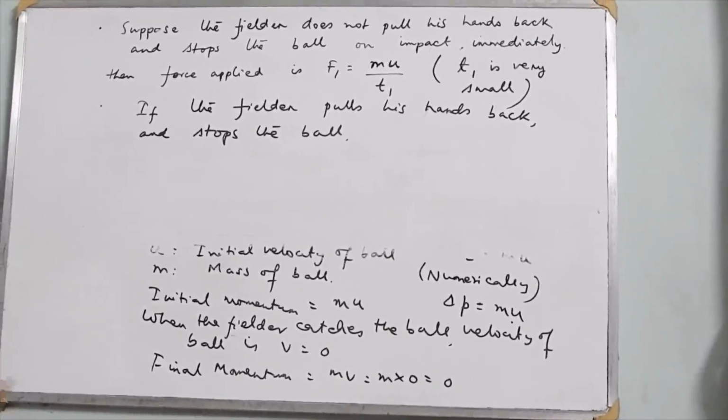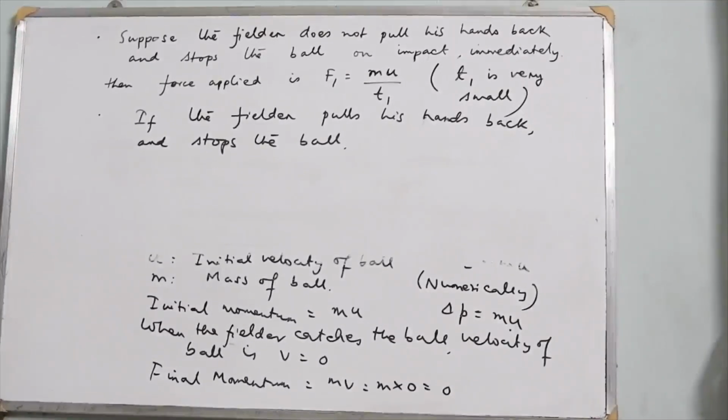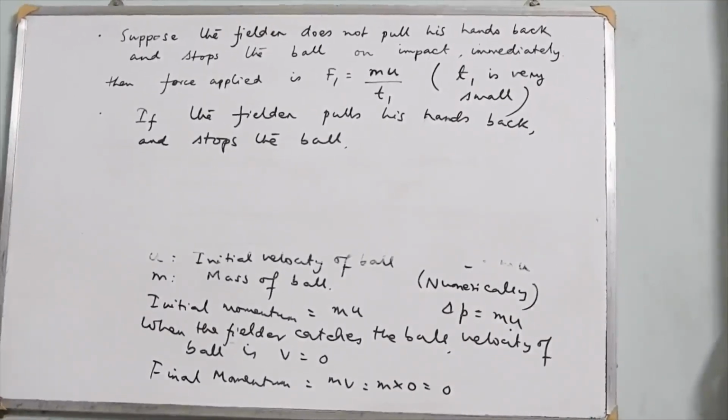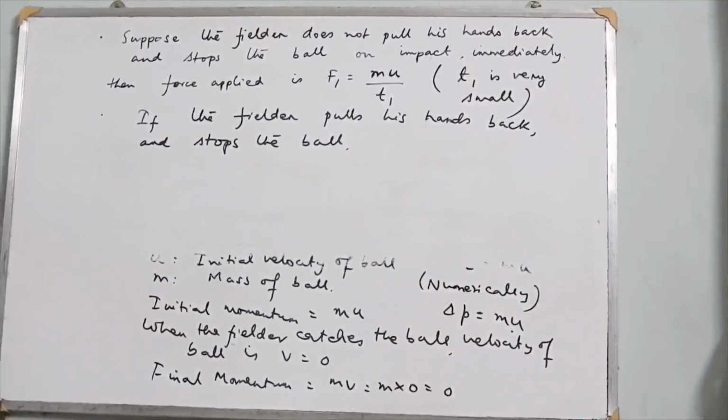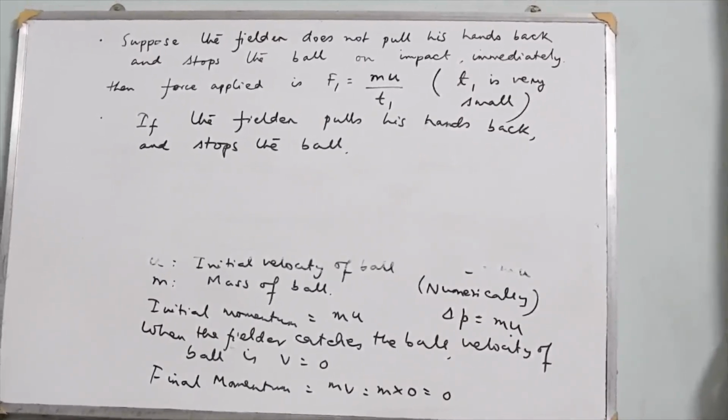Because the fielder has pulled his hands back and he has not stopped the ball immediately on impact, that means he has used a longer time to stop the ball.